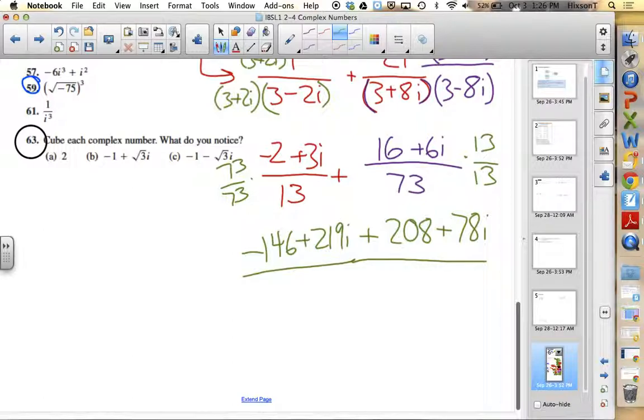All right, good. So now we can combine our like terms. Negative 146 plus 208 is 62. 219i plus 78i is what, 297i, and that's all over 949.